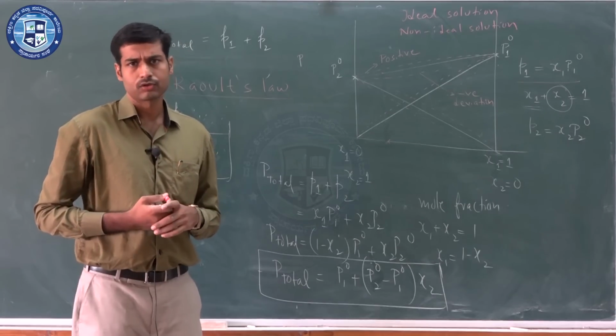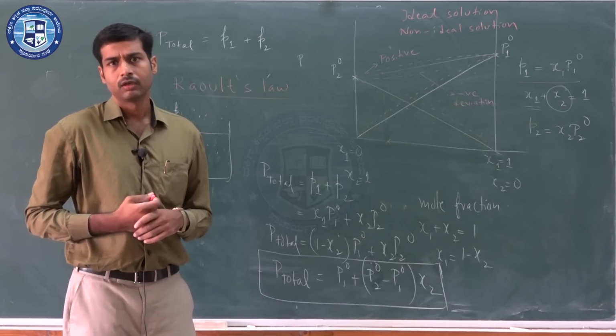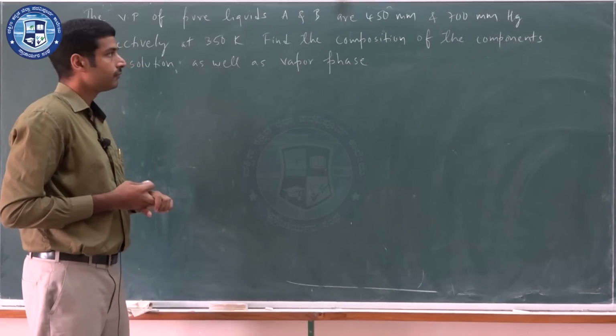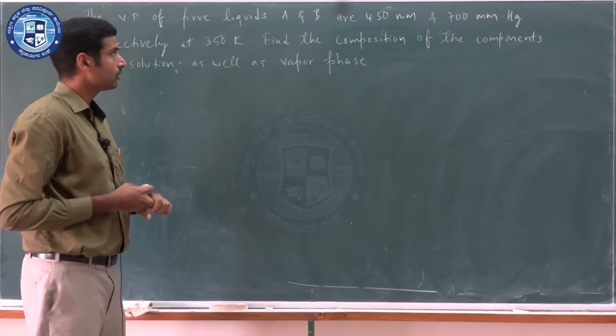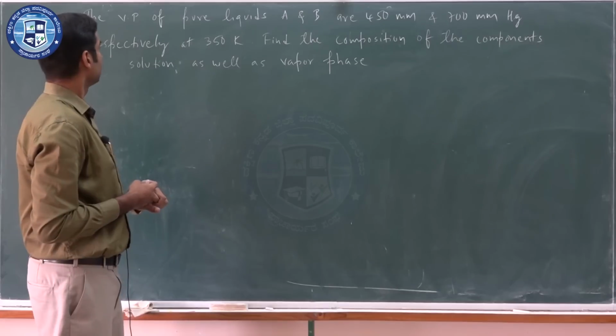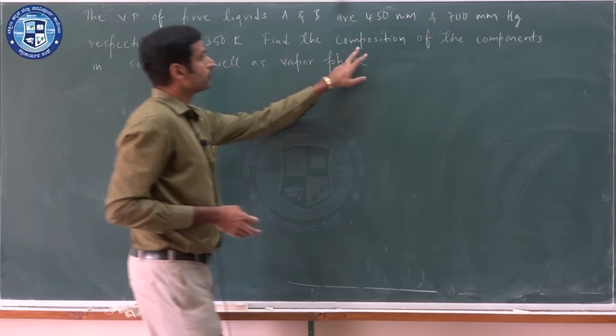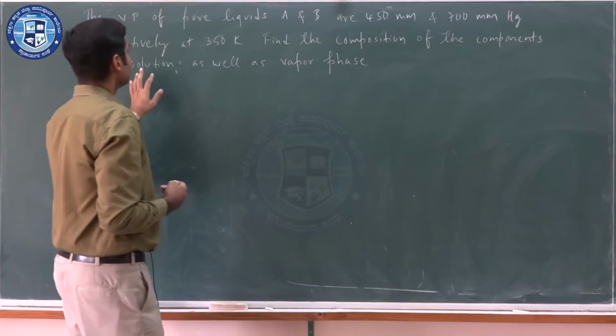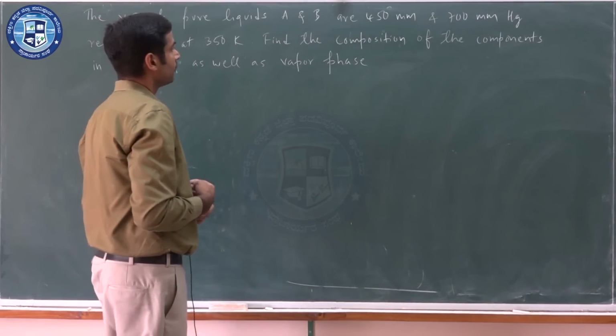Let us understand Raoult's law better with the help of a couple of problems. Now this is a problem under Raoult's law, and what I have to find out is the composition of the components in the solution phase as well as the vapor phase.